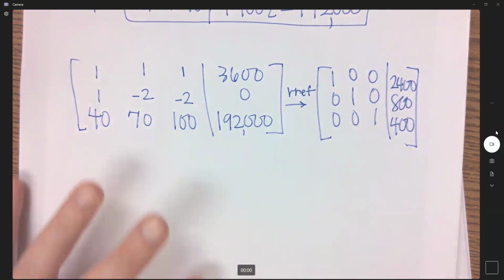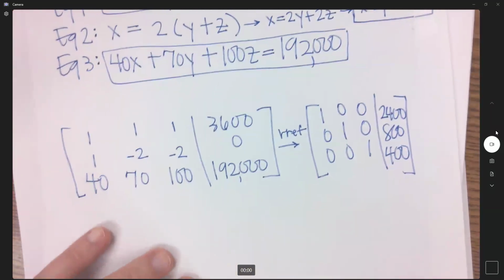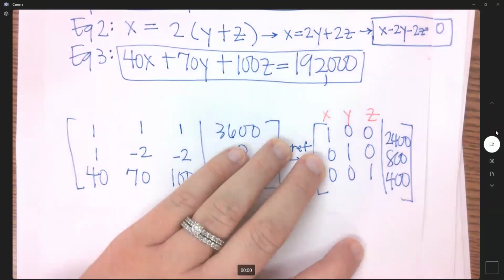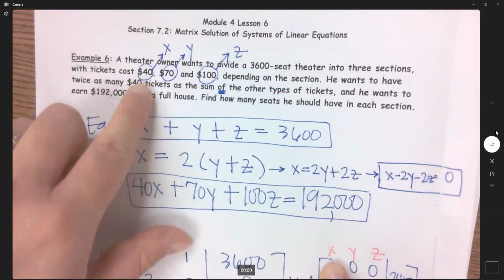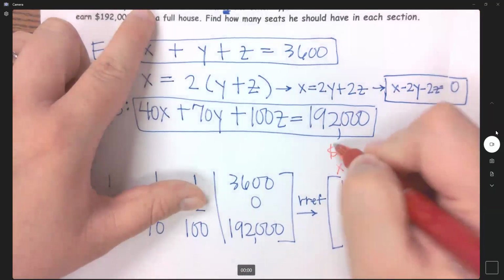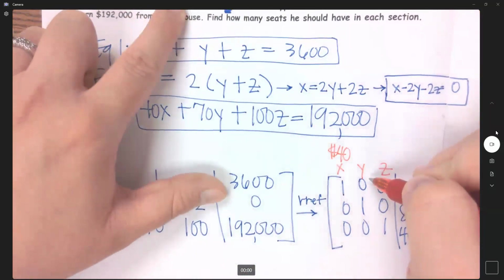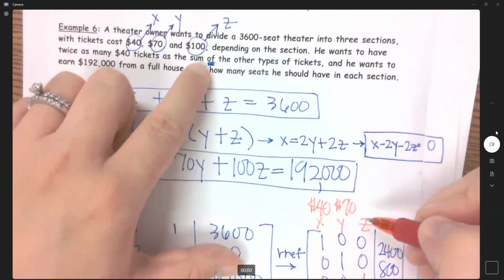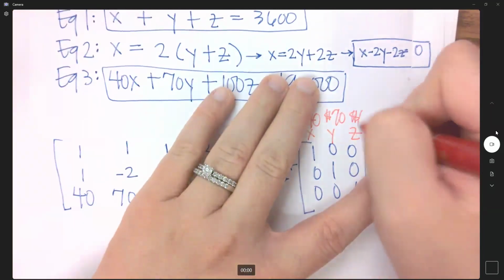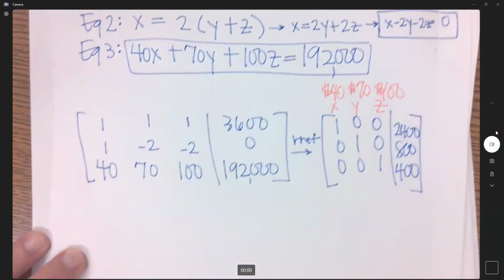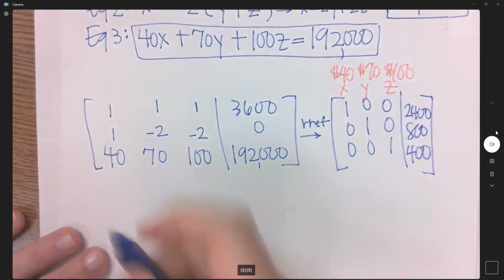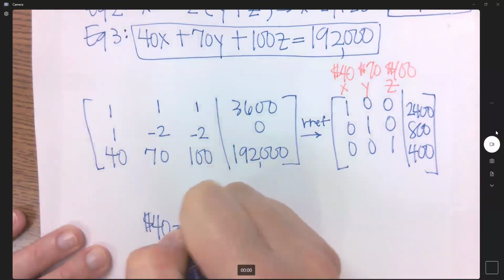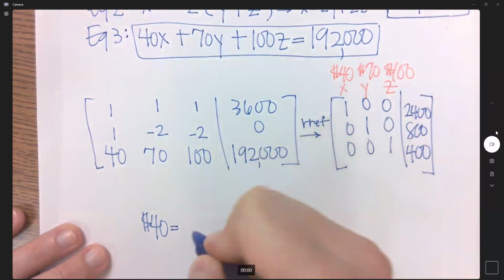So word problems need word answers. This is my X, my Y, and my Z column. X represented my $40 tickets, Y represented my $70 tickets, and Z represented my $100 tickets. So for my $40 tickets, we need 2,400 seats.